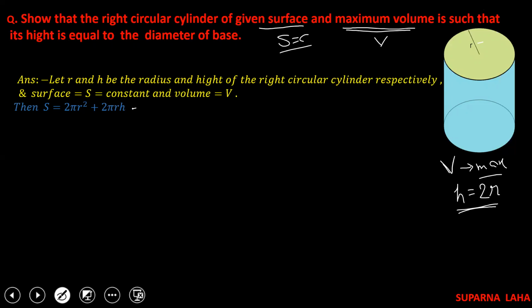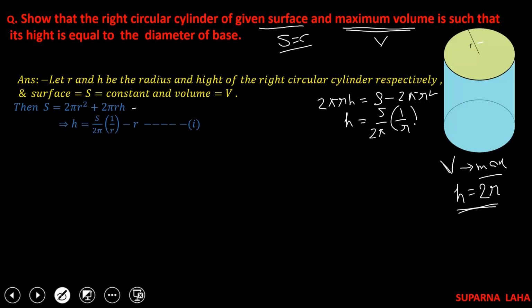So from here I can find the value of h. 2 pi r h is equal to S minus 2 pi r squared. Then divide both sides by 2 pi r, you will find h is equal to S upon 2 pi into 1 upon r minus r. Just simplify it. Now h is this value.